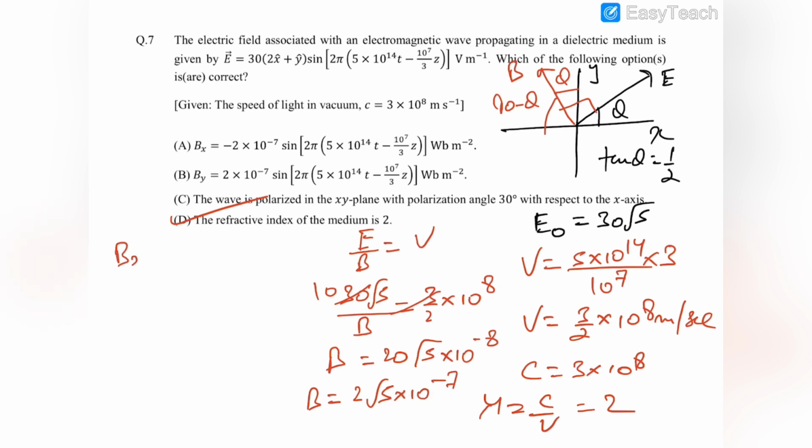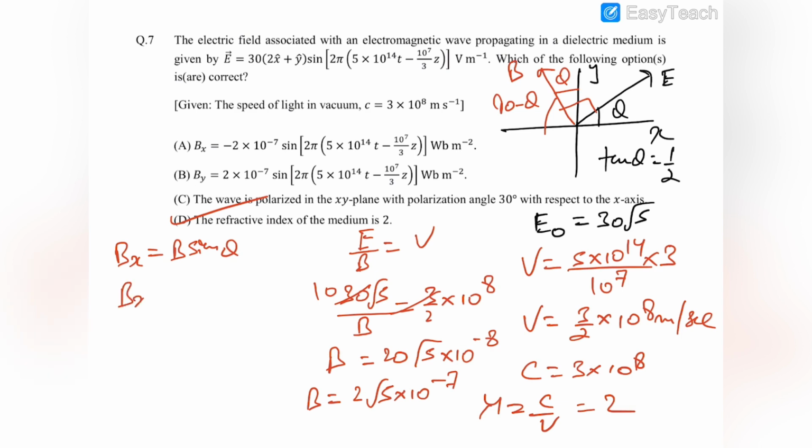So Bx will be equal to B cos theta with a negative sign, because Bx is pointing towards the backward direction. B sin theta, in fact. So the value of sin theta, if tan theta is half, then sin theta is 1 by root 5.